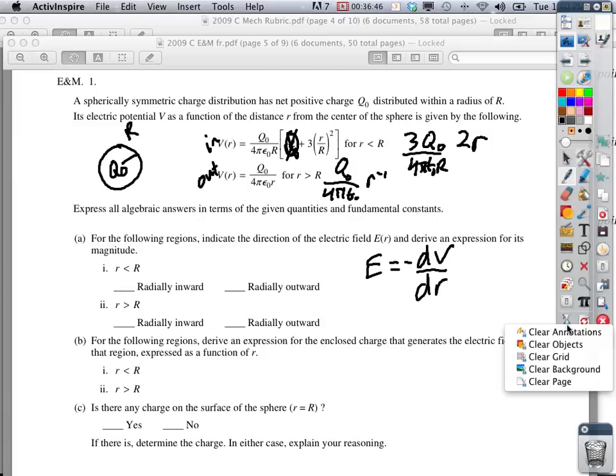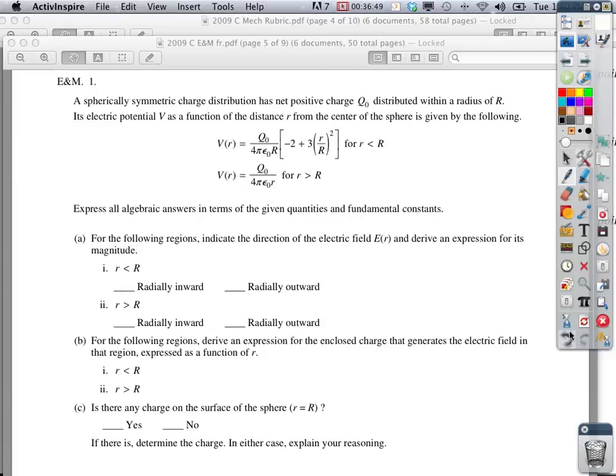Okay, so let me go back. Do you see that? Let me call this A because it's big and nasty. Do you see how that is negative 2a plus 3a times r squared over R squared? Now, what is the derivative of a constant? Nothing, because what is the slope of a constant value graph? 0.